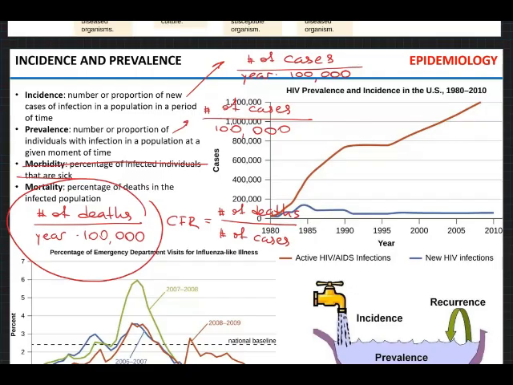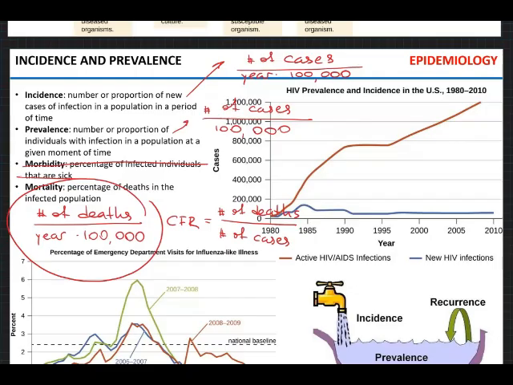Number of people who get infected with norovirus in the United States yearly is about 170 million. Only 700 of them die. Number of people who are infected with rabies in the United States is the same as the number who die, because there's 100% mortality.